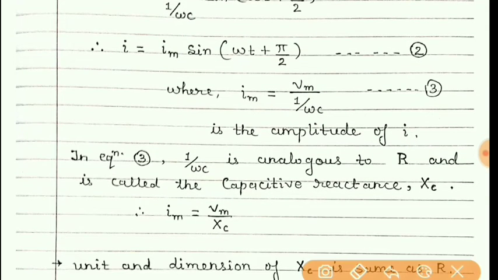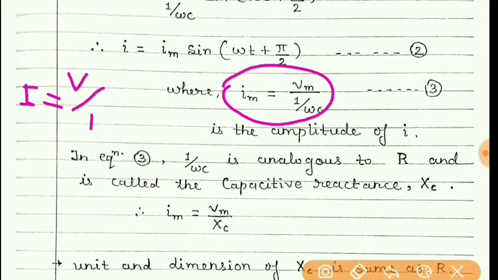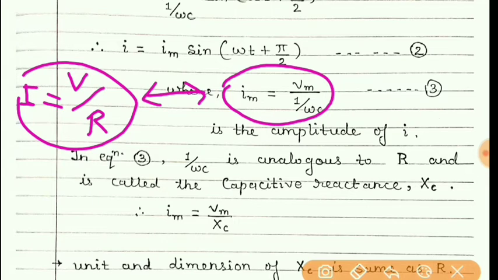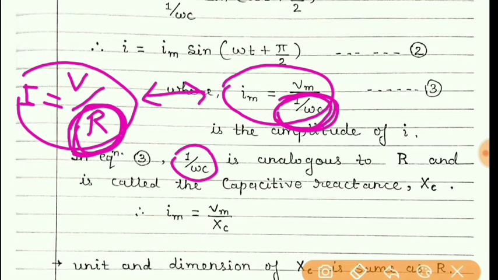Now students, if we compare this equation with Ohm's law, we know that I is equal to V by R. So there is similarity between these two equations, but here it is a resistor and here it is related to the term having a capacitor. But the function of the resistor in a resistive circuit is the same as the function of this term, that is 1 upon omega C, in this circuit having a capacitor.